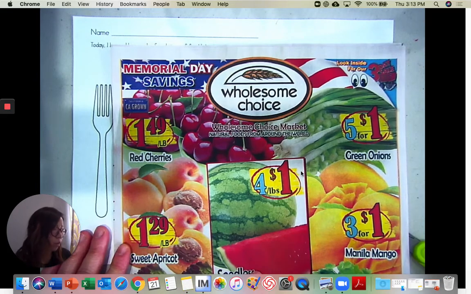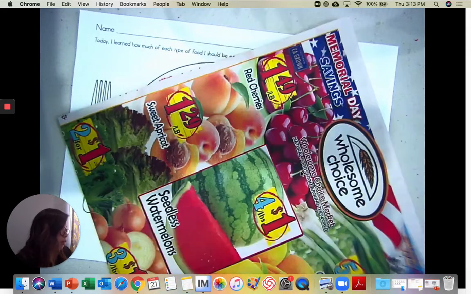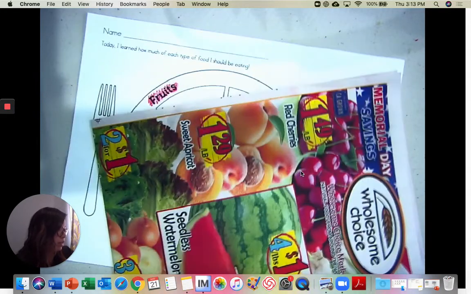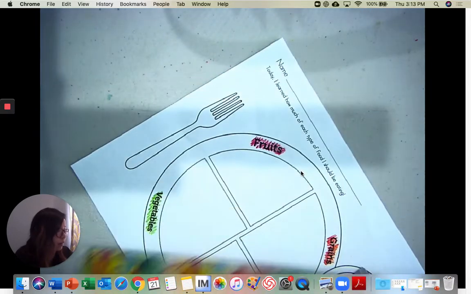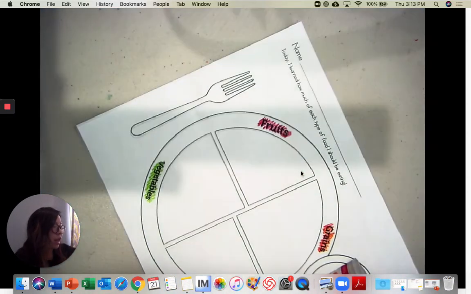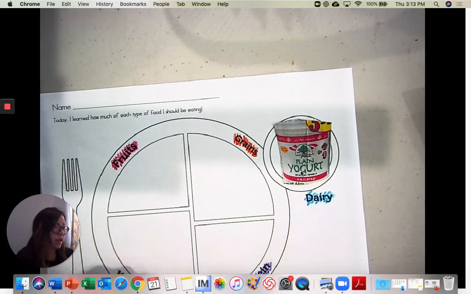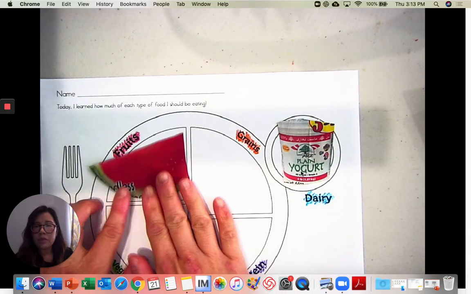Those are some watermelon. I think I'll do that because I absolutely love watermelon. Since it's almost summertime, this is the fruit that I will always have in my refrigerator because my kids love it and I love it too. So I'm going to cut out the watermelon, and I could put it here under fruits.